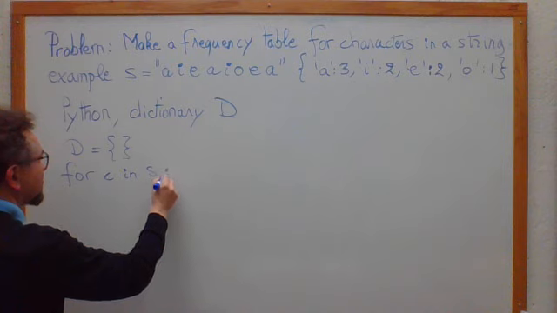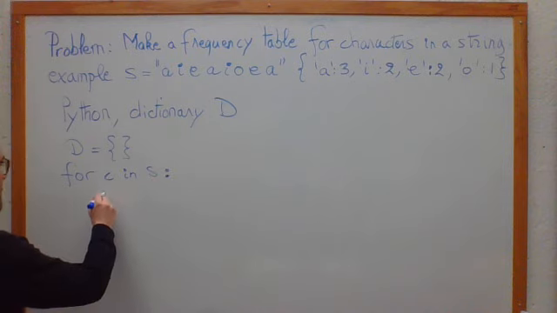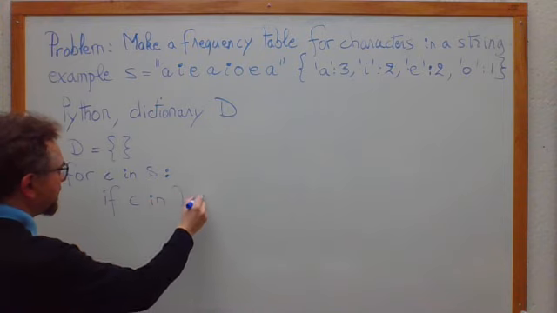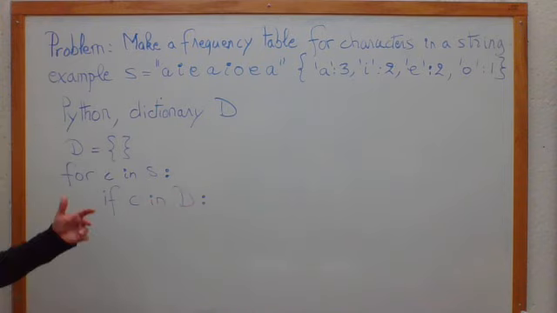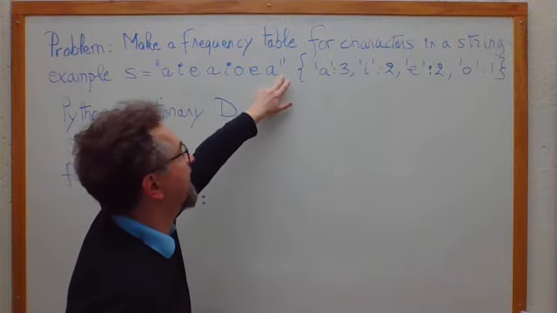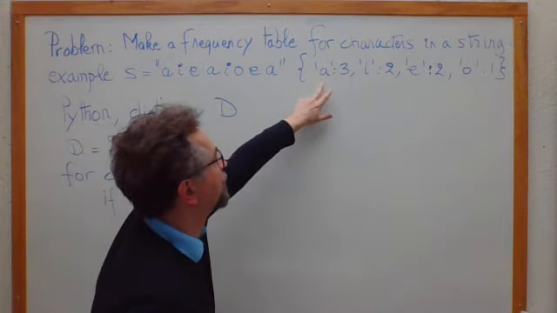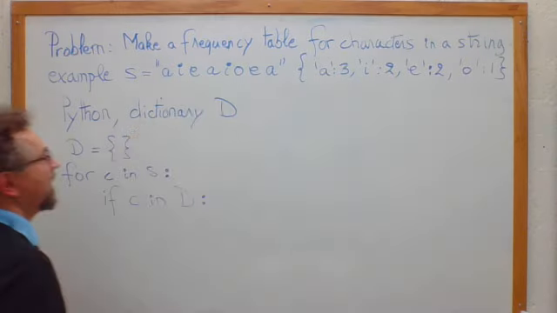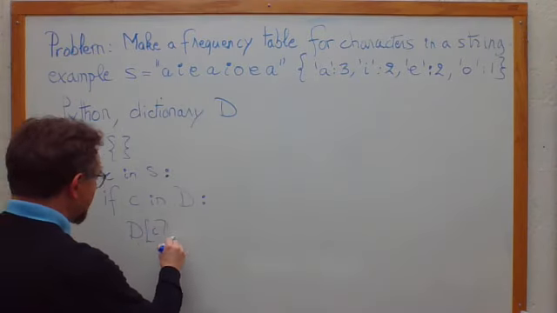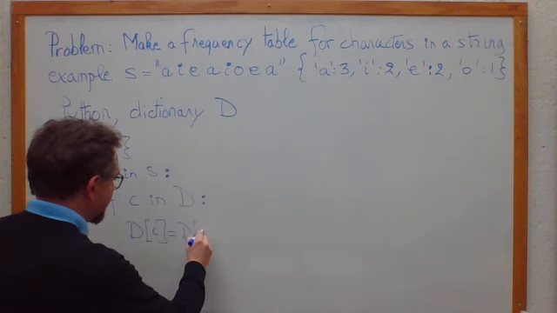So for all characters in the string, if a character is in the dictionary, say the character A is already in the dictionary, and suppose that I had one letter A at the very end, I would look up what is the value and increment it. So looking up the value and incrementing it is done by this assignment.